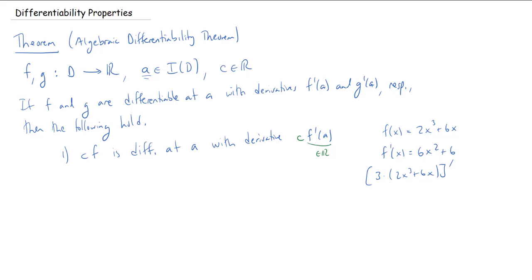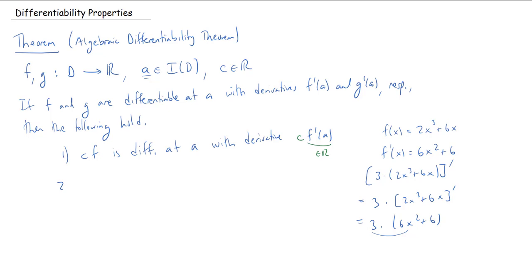What this theorem tells me is that instead of distributing the 3 and then taking the derivative, I can instead take the derivative of 2x cubed plus 6x and then multiply by 3. So I'd end up with 3 times 6x squared plus 6. And you can check that it didn't matter if I did distribute this. I'd have 6x cubed. When I take the derivative, I'd end up with 18x squared. Hey, that's what I'm going to get there too.